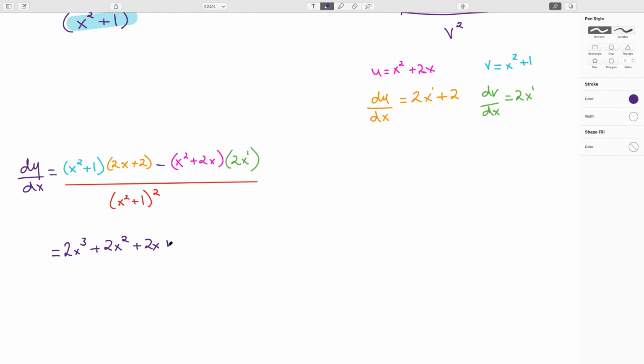And 1 by 2 is plus 2. Then we have minus, and we're going to put all of this in a bracket, so we know to change the signs of everything in the end. So I'm going to multiply this out, and I'm going to get 2x cubed plus 4x squared. And I'm going to keep that in the bracket, and then underneath I'm going to write out x squared plus 1 squared.